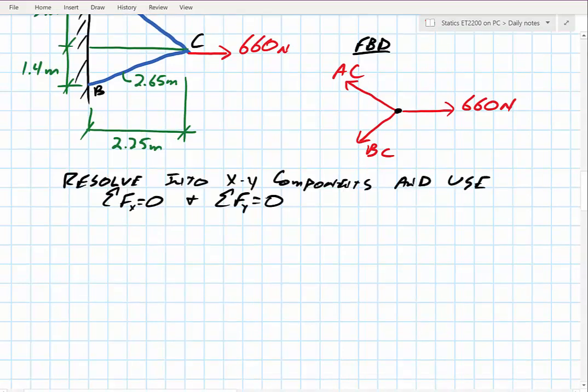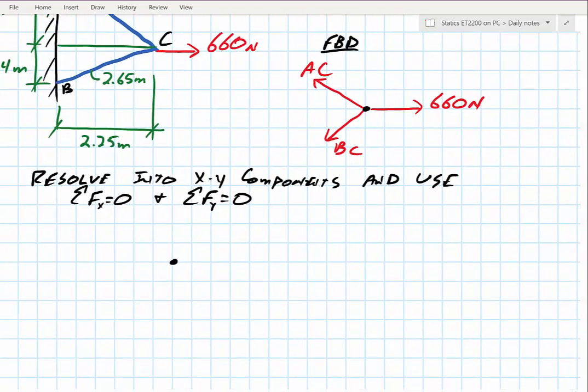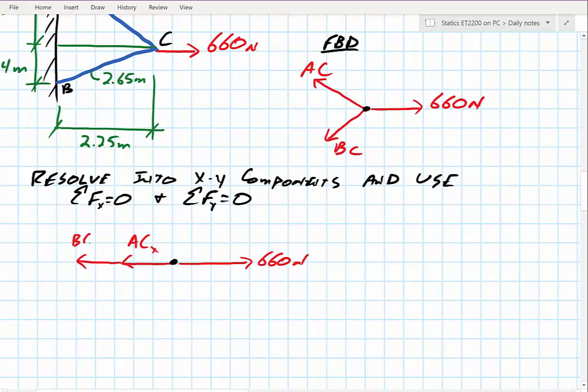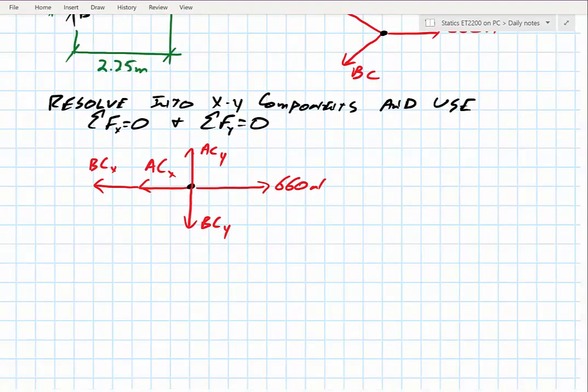The new free body diagram would still have the 660 newton force going this way, then the X components of both cables, ACX and BCX, and in the Y direction I have ACY and BCY. We like working in the vertical and horizontal component system, so it makes the math much easier once I get there.